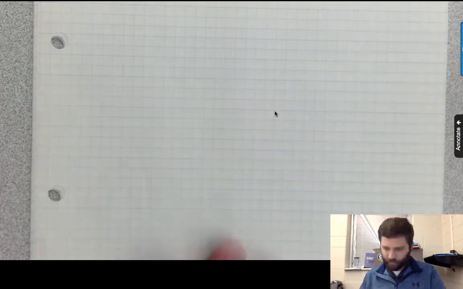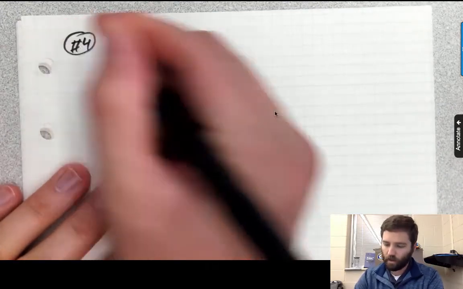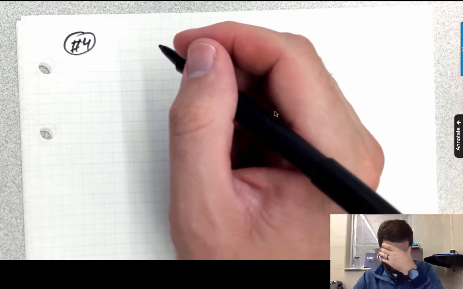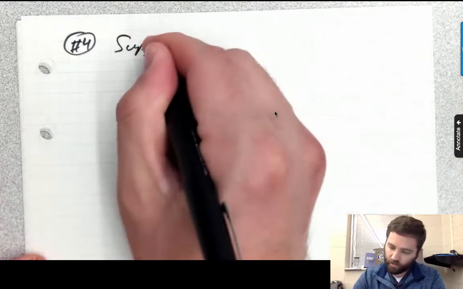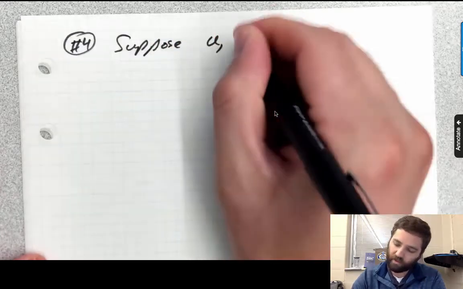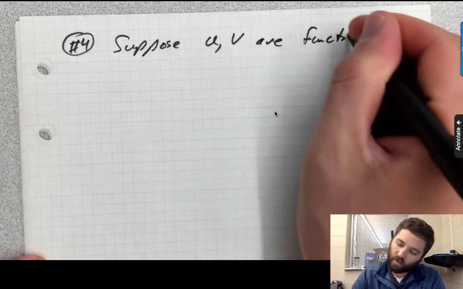Number 4 says this. This one I guess I am going to use their notation. So let's suppose u and v are functions of x.